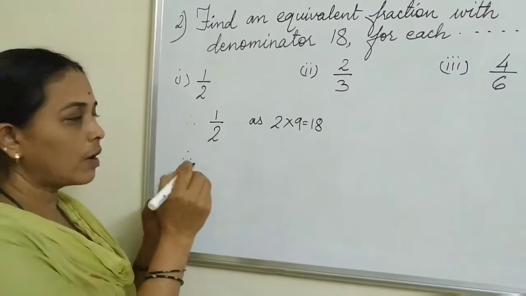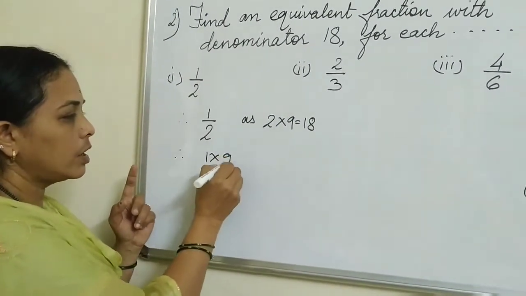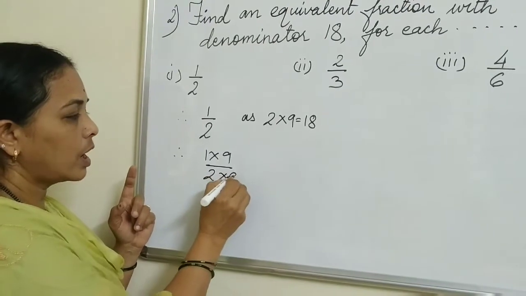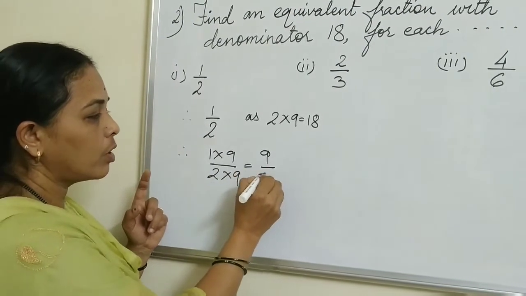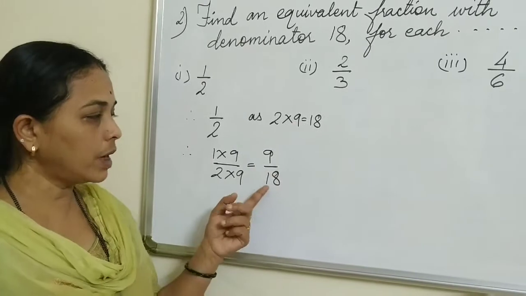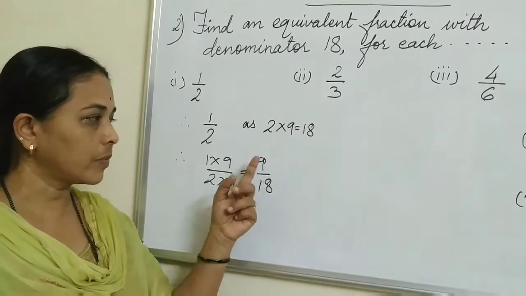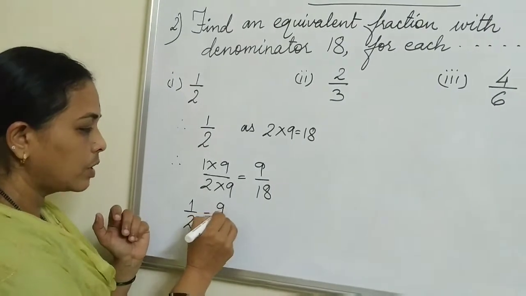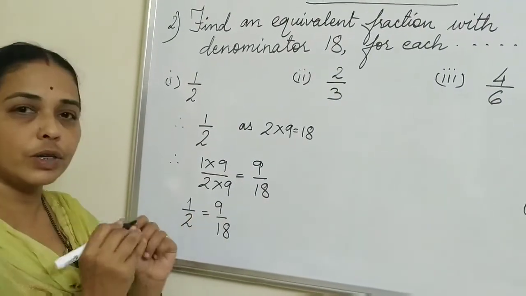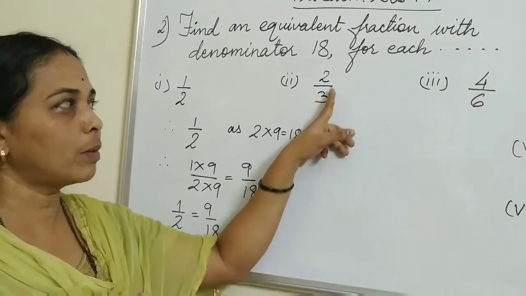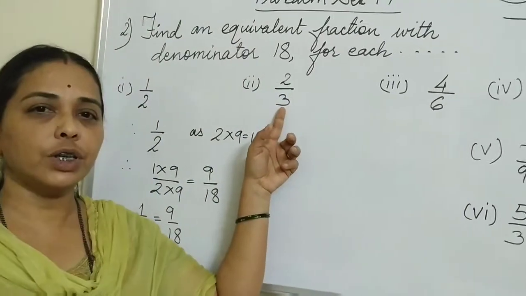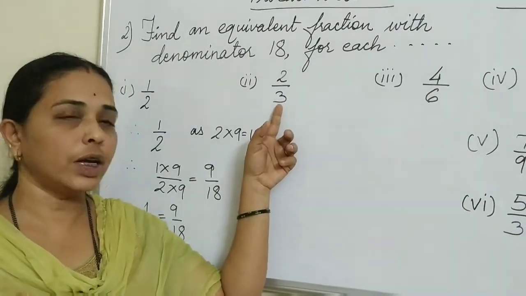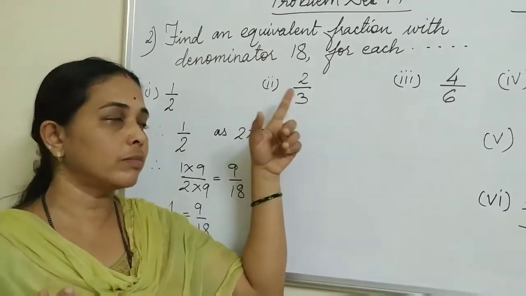So therefore what we have to do? 1 into 9 upon 2 into 9. We will get 9 upon 18. We have made the denominator 18, and we have got the fraction 1 upon 2 is equal to 9 upon 18. Okay, same way you have to do 2 upon 3. See what number times 3 will give 18. How many times 3 becomes 18?